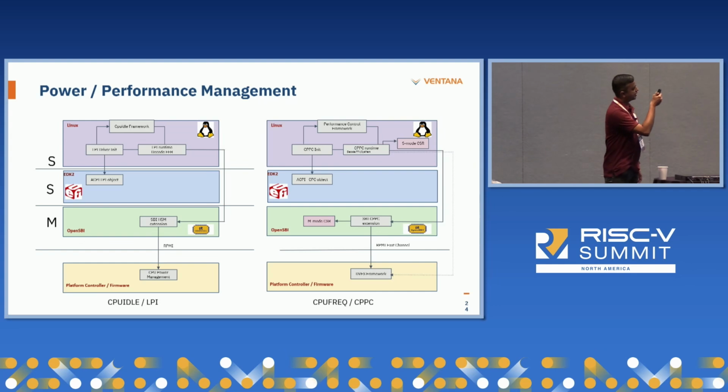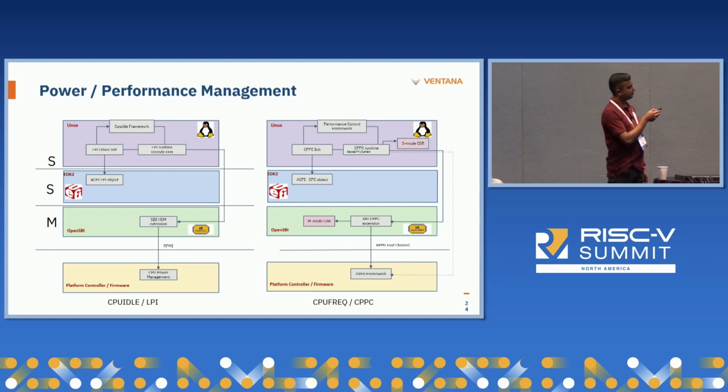The driver in the Linux kernel CPU idle framework, as part of initialization, reads those LPI objects and initializes things. At runtime, when it wants to reduce the power, it can decode those objects and call the SBI HSM call. SBI HSM has the suspend interface. Using that, it can control the power.